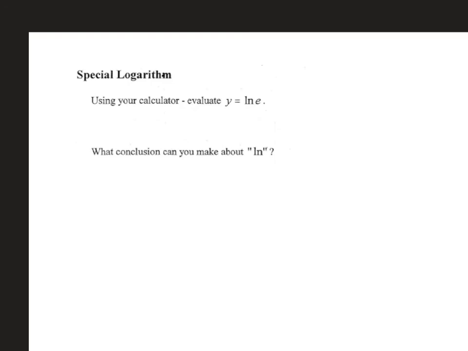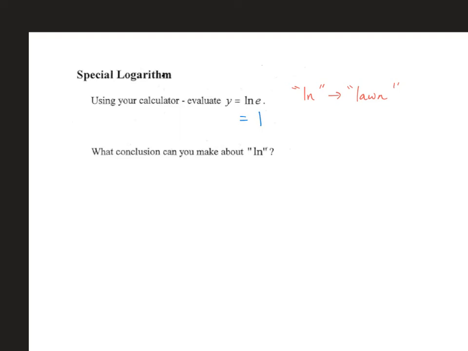Now, one case that we may encounter is the idea of ln, and I just want us to look back over the existence of ln. And so, when we take a peek at that, we remember that ln would be stated as lawn, like mow the lawn. We can use our calculator and evaluate what y equals ln e is, and we notice that that is 1.